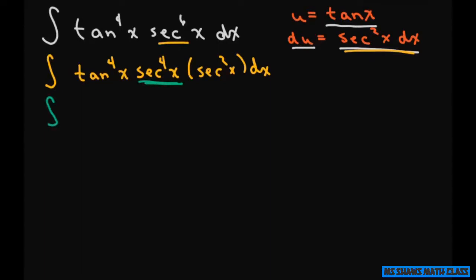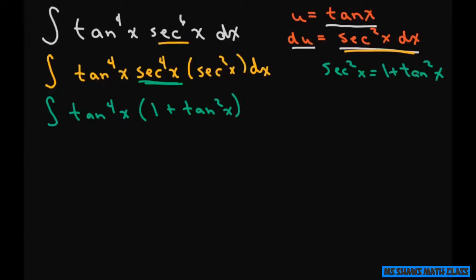So we still have tan to the 4th power of x, and then we know that secant squared of x equals 1 plus tan squared of x through our Pythagorean identities. So that's going to be 1 plus tan squared of x.